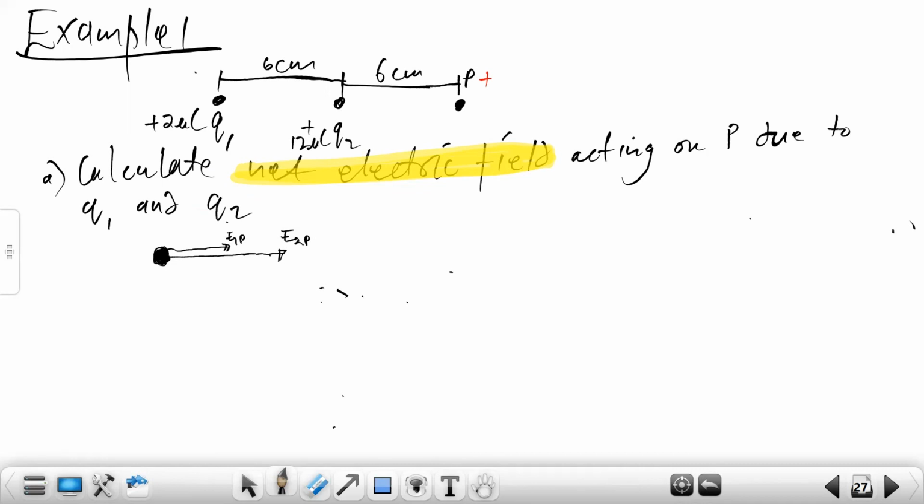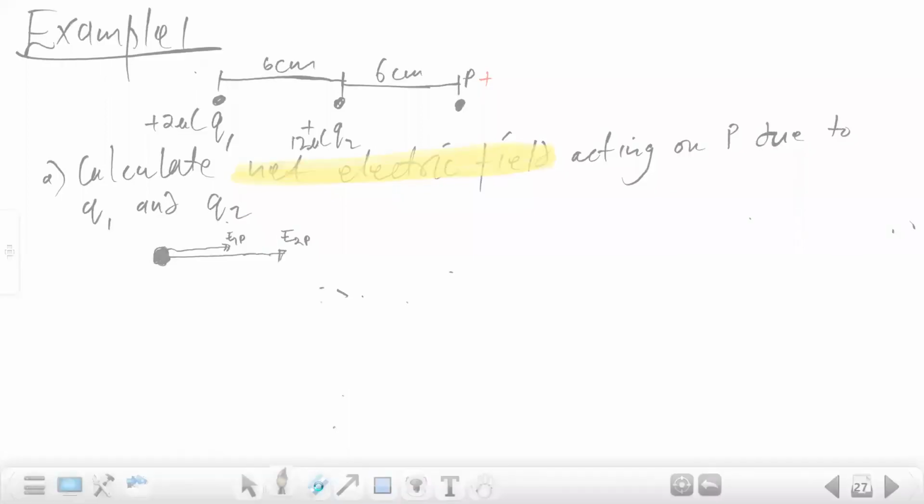So by so doing, I am in a position to calculate. How am I going to calculate this? I am having two vectors, so I must use the equation of an electric field at least 2 times. It's as simple as that.